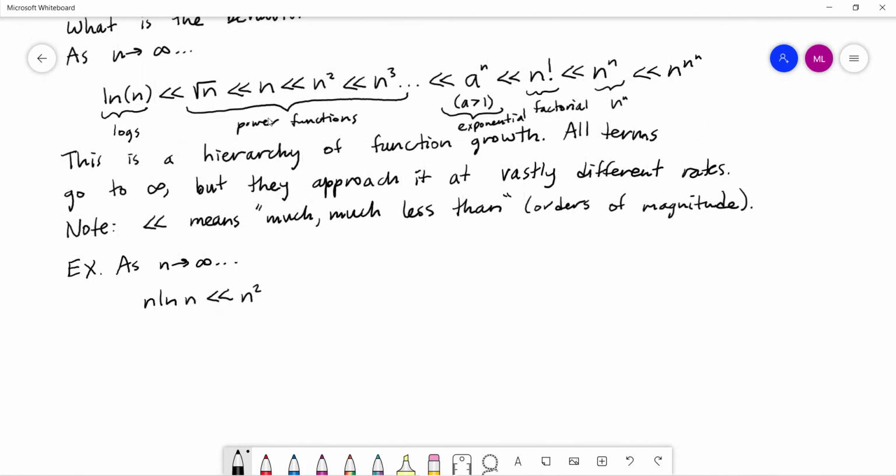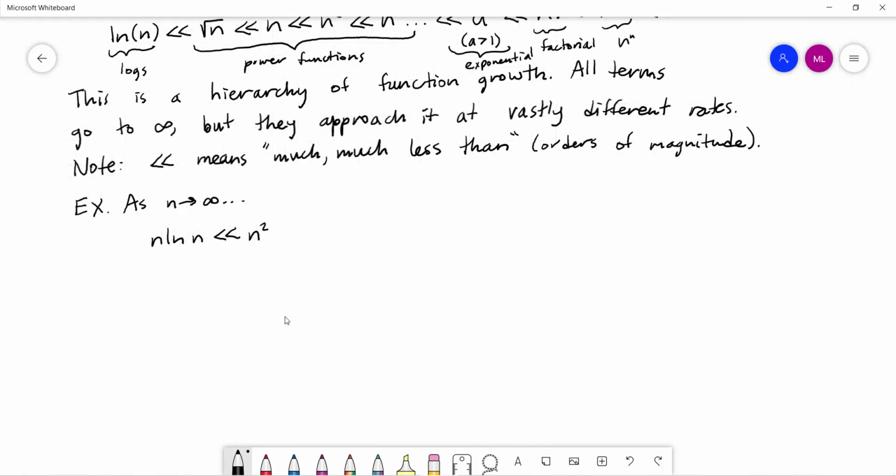That doesn't necessarily work within one of these categories. So power functions, right? I can come up with a combination of stuff to the left of n squared here. I would just need to take n and another n and another n, and that would be bigger. But when you start jumping categories, so from power functions to logs, there's no combination of a lower power function plus anything in an entirely lower category that's going to jump you up to eclipse a higher power function. I hope that's clear what I mean by that here.